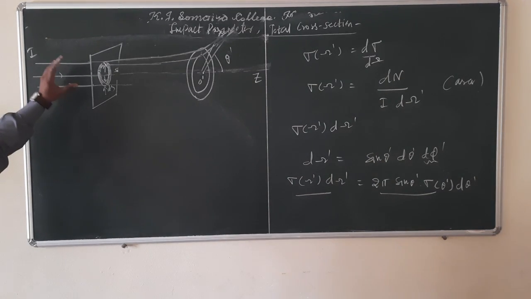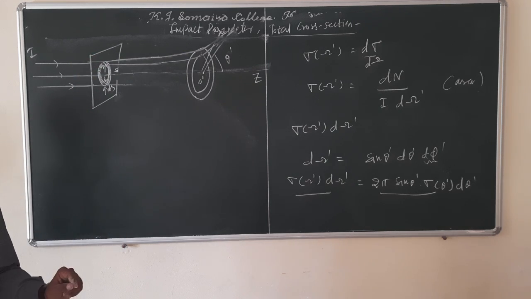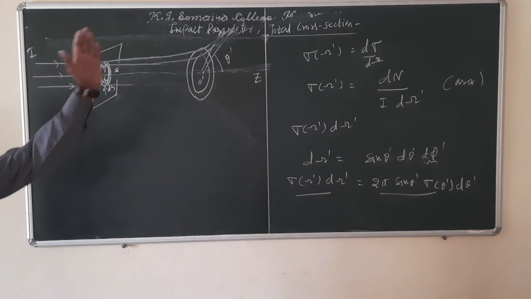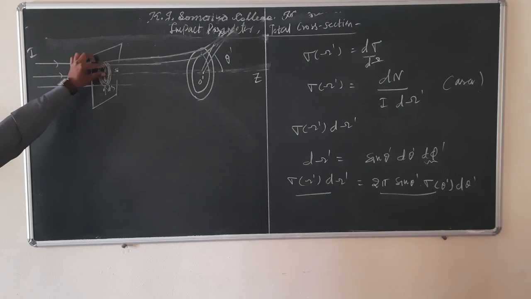Scattering is more for distances up to the impact parameter. So the impact parameter decides the degree by which those particles are going to be scattered.